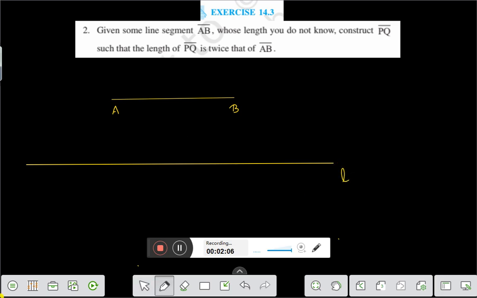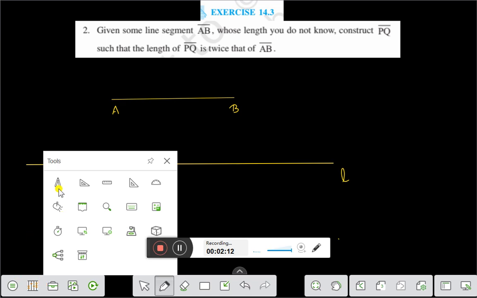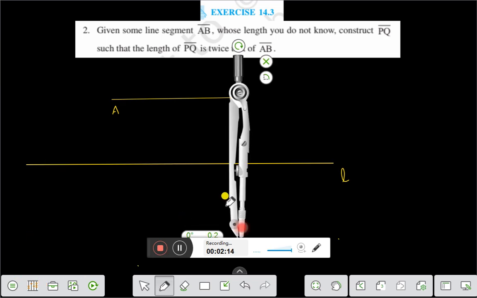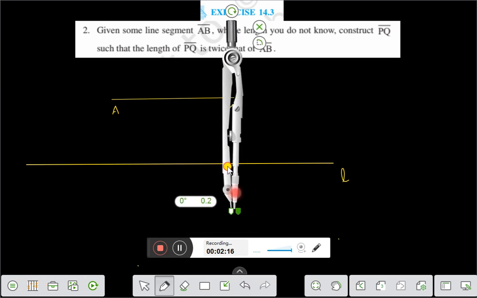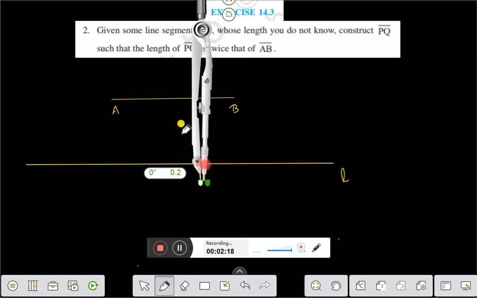Now we'll take the compass. We have taken the compass here. Now we'll measure the length of AB with the help of the compass.